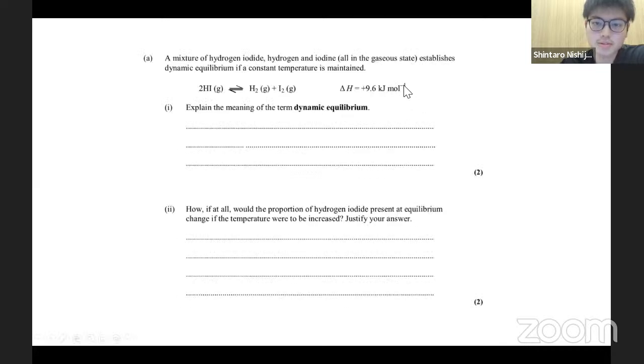That's something you just want to get into the habit of doing. Whenever you see a reversible reaction and then you see enthalpy, you just gotta go, is it exo or endo? So it's endothermic. The forward reaction is endothermic. We can skip the first one because it's the same question. Second one: how, if at all, would the proportion of hydrogen iodide present at equilibrium change if the temperature were to be increased? What does everyone think about that one?